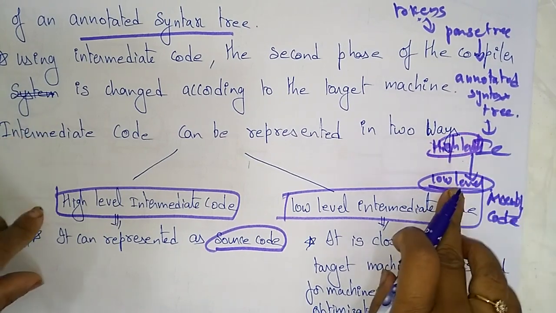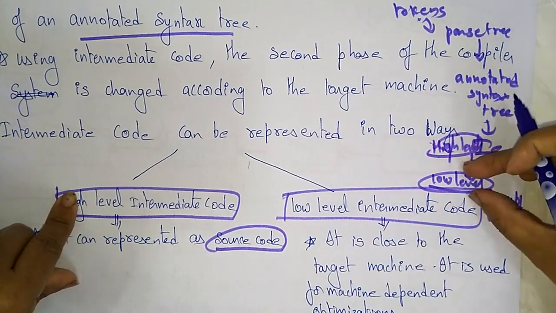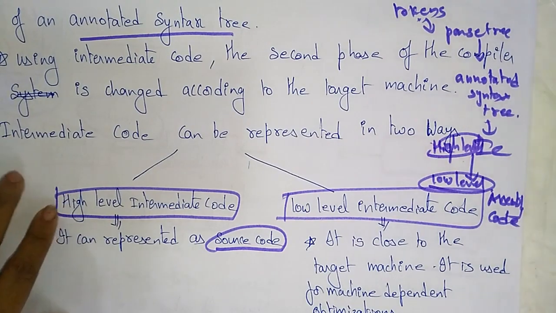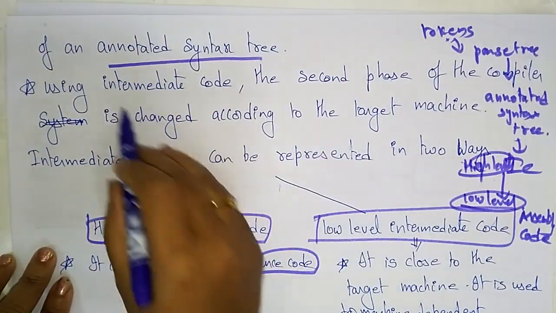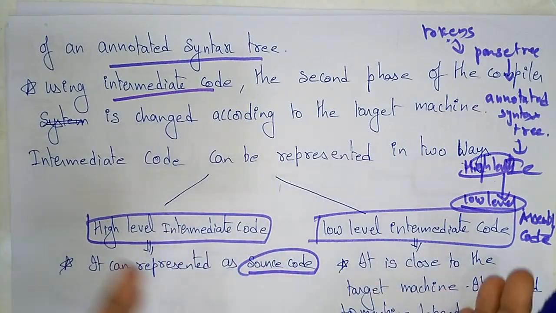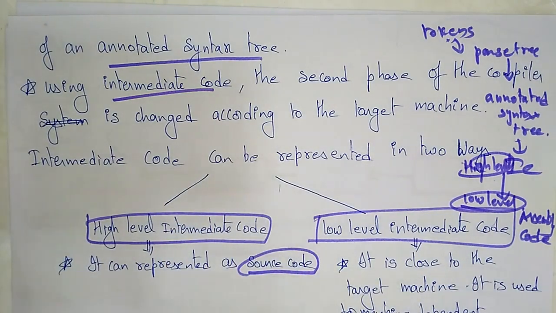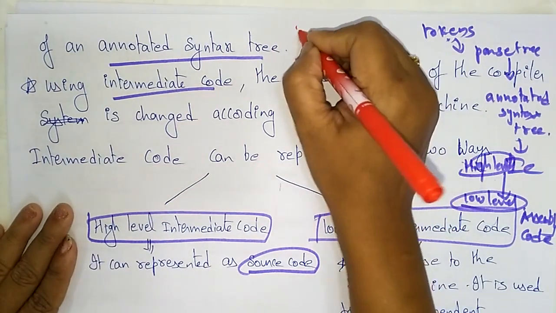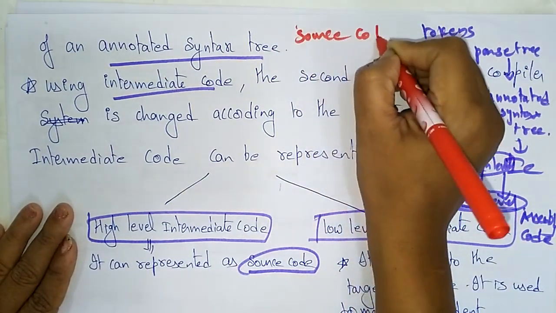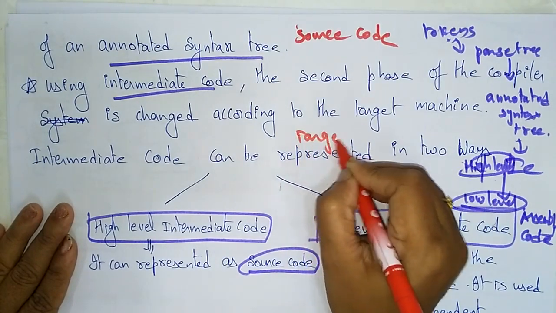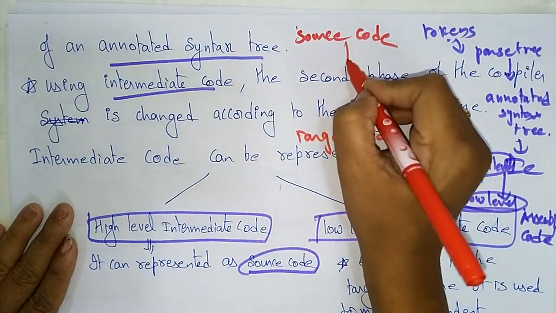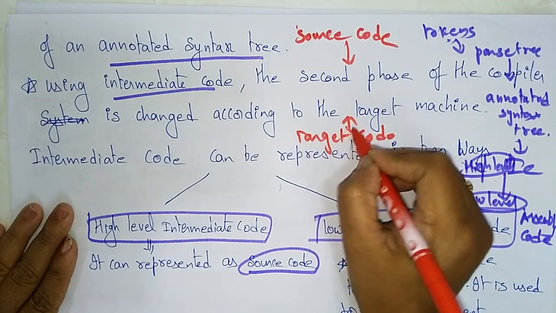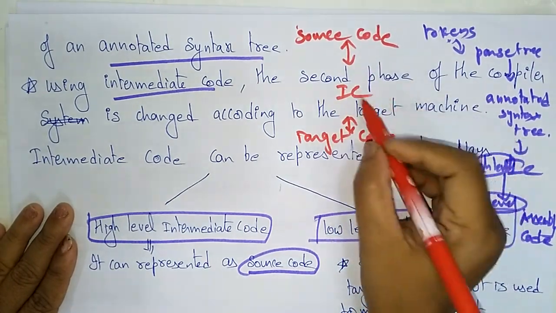So the intermediate code can be represented in high level and the low level. Why is it represented in both? Because it is acting as an intermediate from the source to the target. Don't be confused, let me tell you. This is the source code and this is the target code. From source code to target code, there is the help of intermediate code.